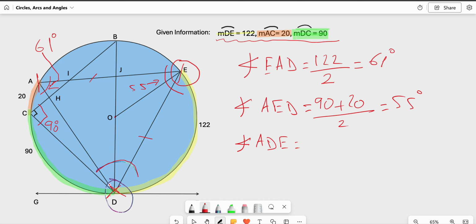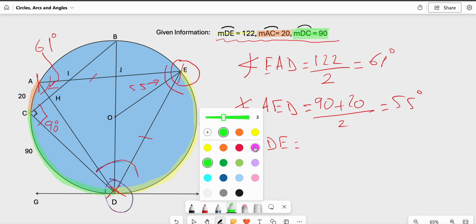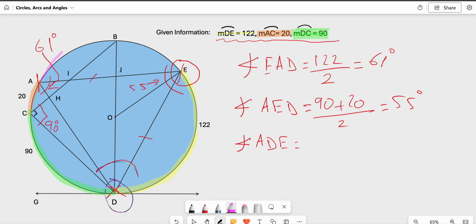Now let's see. This angle is intercepting this arc. Let's highlight it purple. This arc, right? This arc here. This is the arc intercepted by this angle, ADE, the purple, right? Now, how much is this arc? We know that the total circumference should be how much?